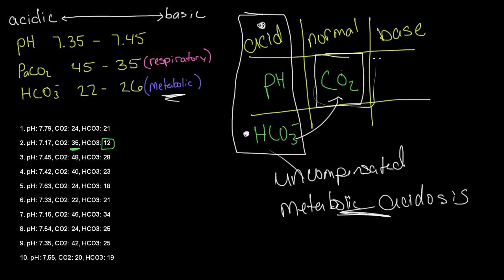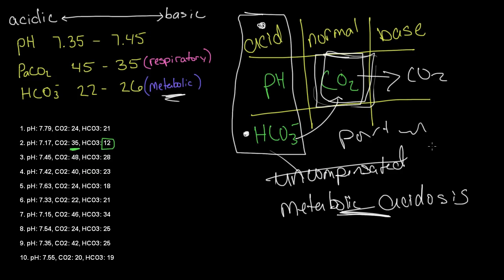That's why this value is still normal. If the CO2 was over here instead, then we would be in partially compensated metabolic acidosis, but since it's not, we are in uncompensated metabolic acidosis.